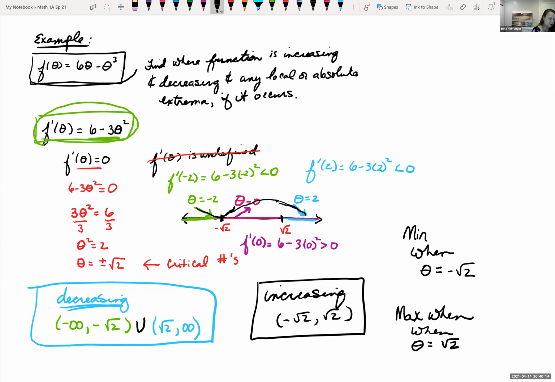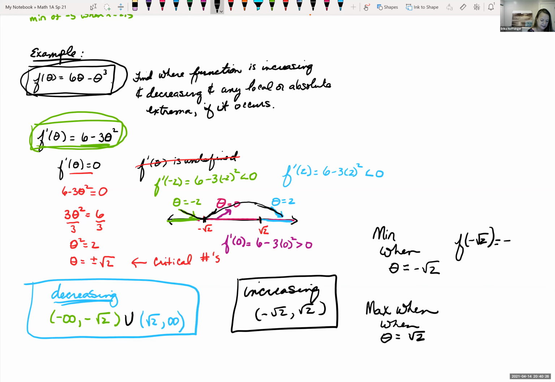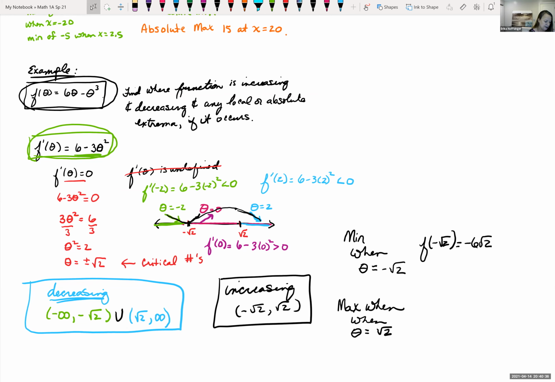And my original function is this f of theta. So f of -√2. This is 6 times -√2, so that's going to be -6√2. Minus a -√2 cubed. So that's going to be a negative and a negative.